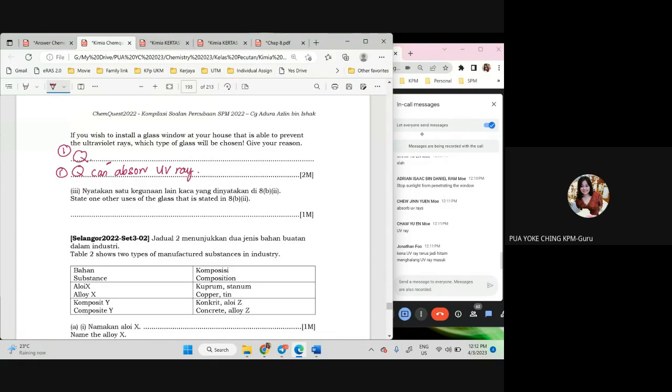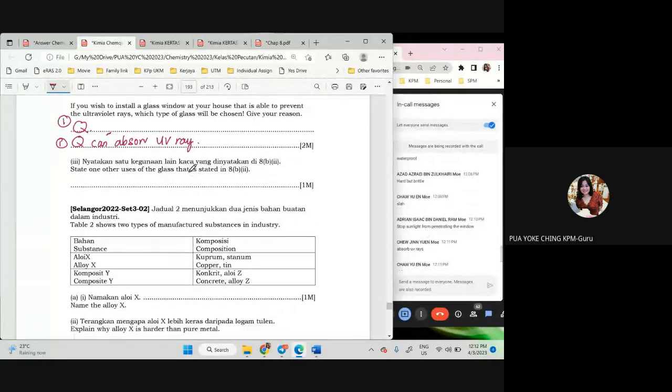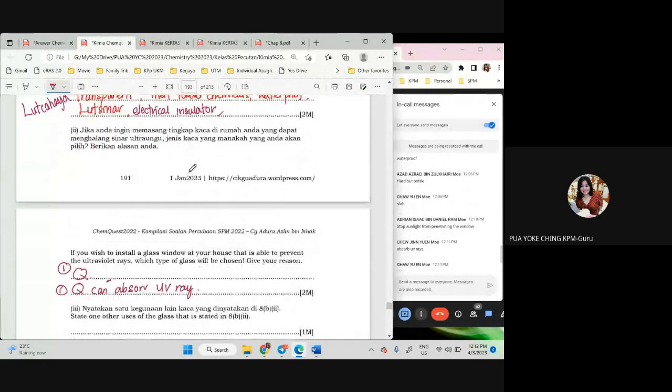Okay, jawapan Jonathan. Kena UV ray terus jadi hitam. Menghalang UV ray masuk. You tahu tak kenapa menghalang UV ray masuk tak boleh? Sebab dalam soalan dia dah tulis. Menghalang sinar ultra ungu.